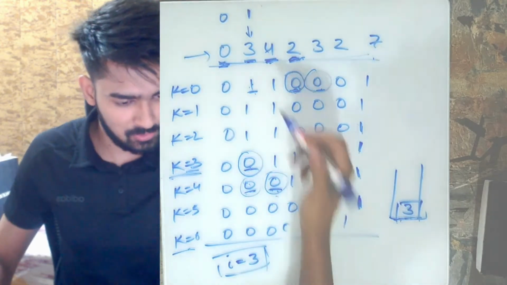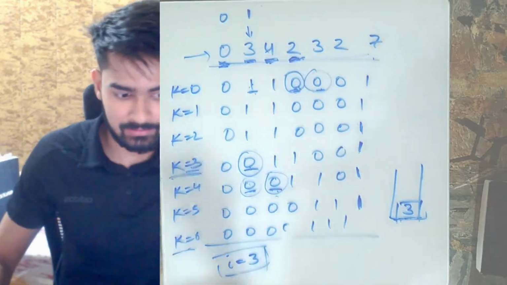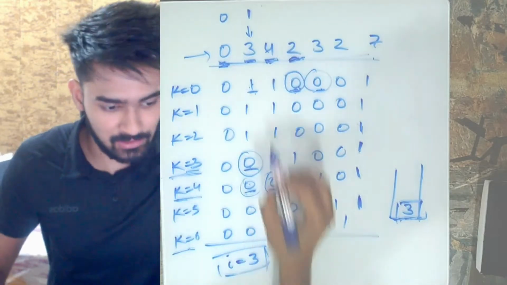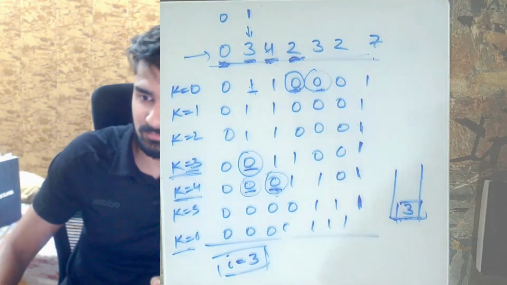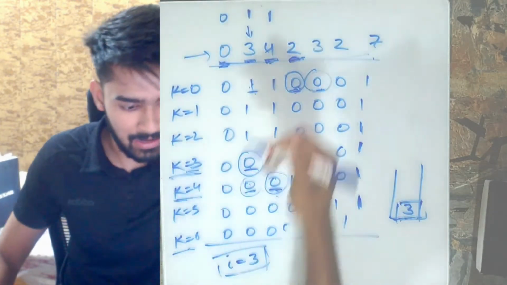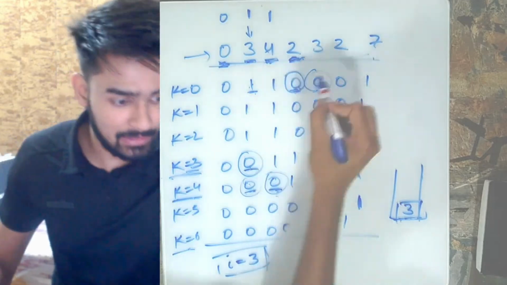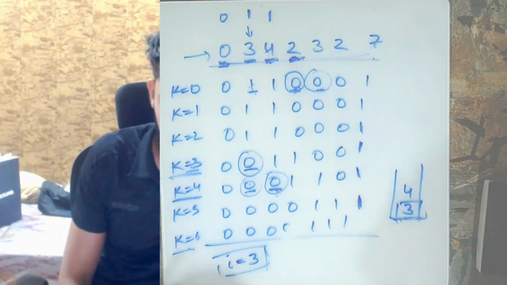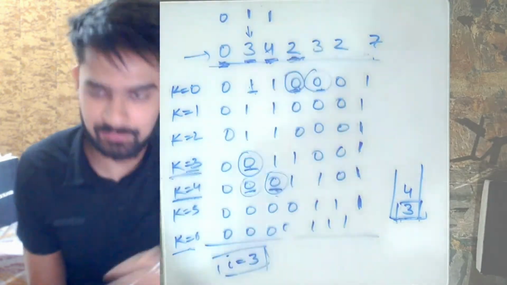Since this is 4, this tells me that at k equals 4, I had my first 0 in this line. So I made this 1, and I said that at i equals 4, I'll again have a 0. Then I moved on to my next index.